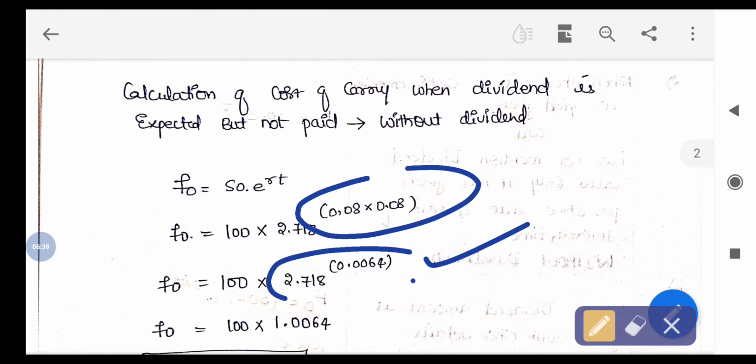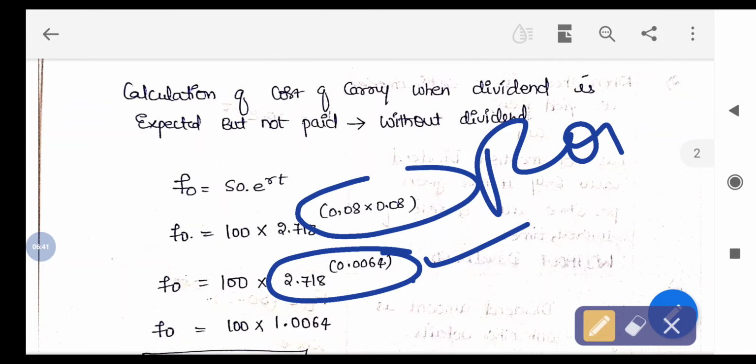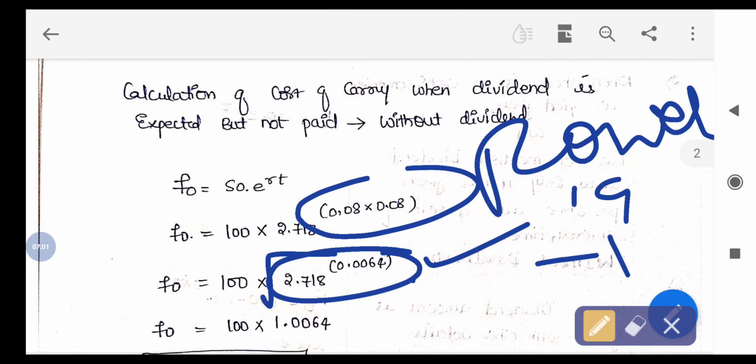Here, the power calculation I have already told you. If you have any doubts, you people didn't ask me any doubt regarding it, so I think that you have understood it. So calculate it in the same manner. First, you will take the square root 19 times. Next you will subtract 1 from it.